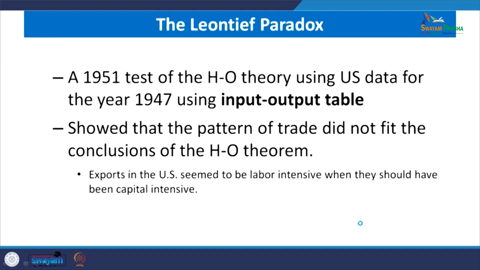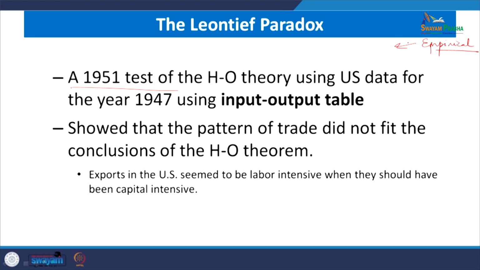Now, let us wrap up by discussing the HO theory with certain historical context. A 1951 test of the HO theory. Now, we are going to count down some of the empirical testing of HO, and based on the testing we will talk about certain paradoxes and criticisms of the HO theory, in terms of the Leontief paradox.